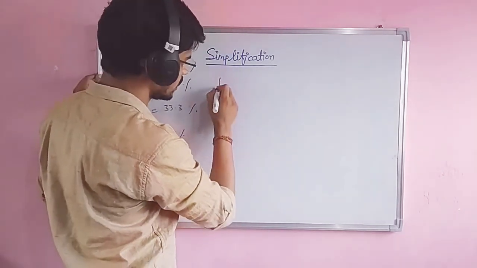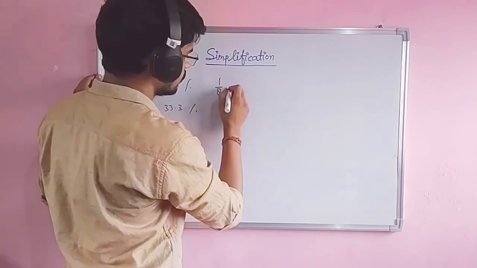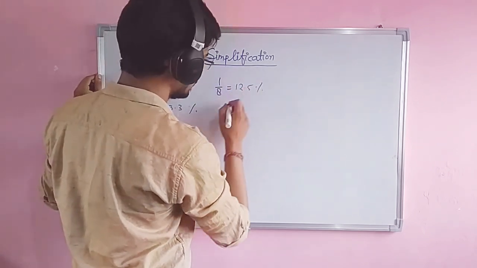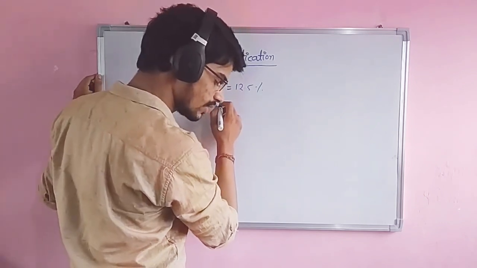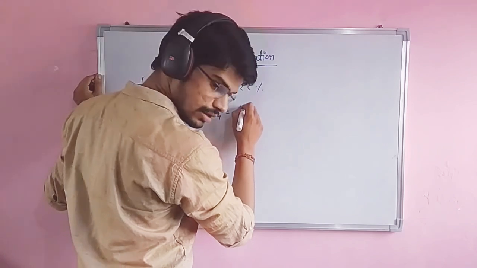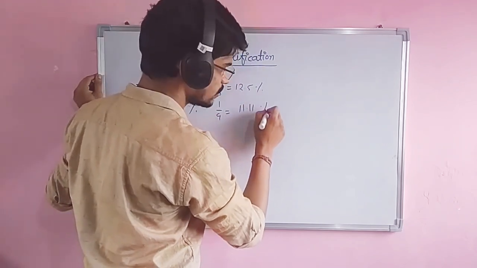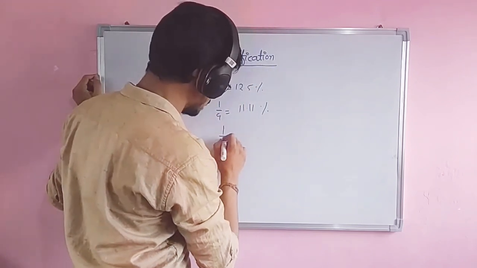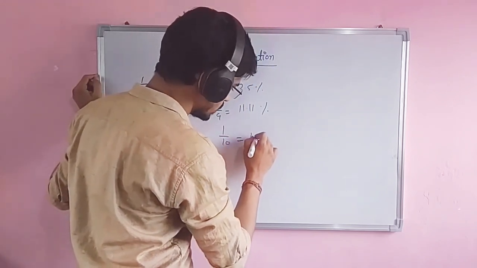That's why we wrote here 1 by 8 is equal to 12.5%. Here 1 by 9 is equal to 11.11%. Next is 1 by 10 is 10%.